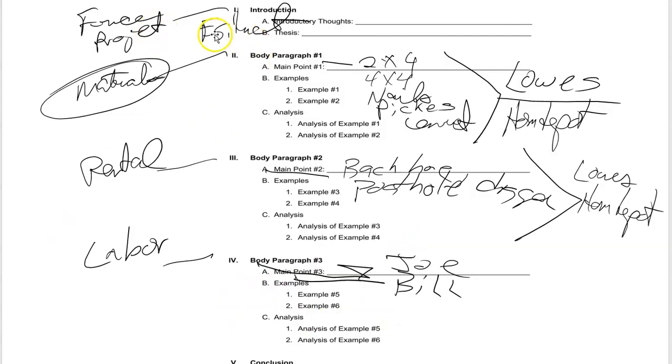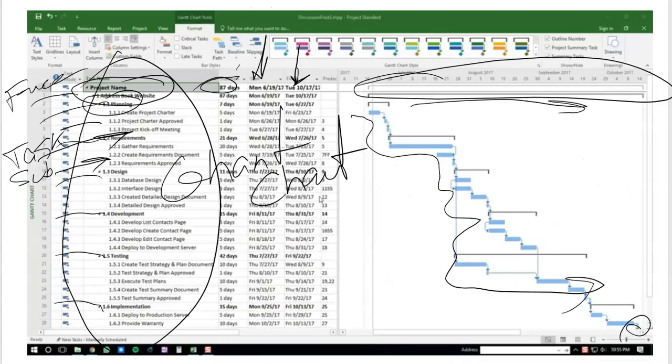So here's an outline as well. Once you figure out how you're going to do everything, then you put it on your Gantt chart. These are the tasks and subtasks, meaning all the things that are going to go on within that area.